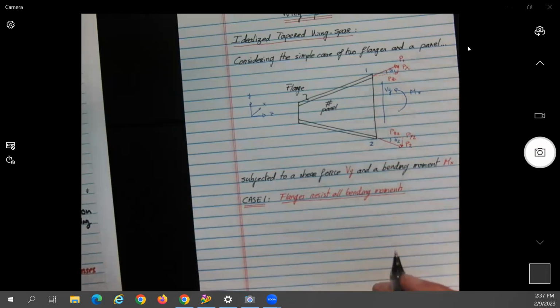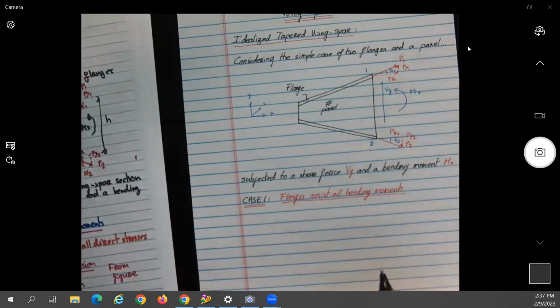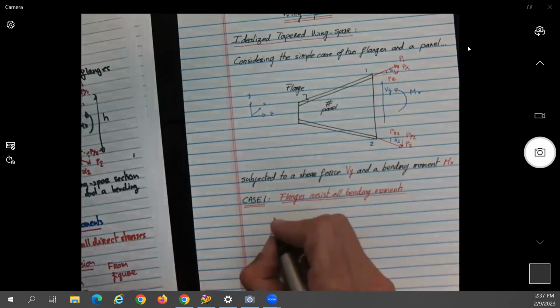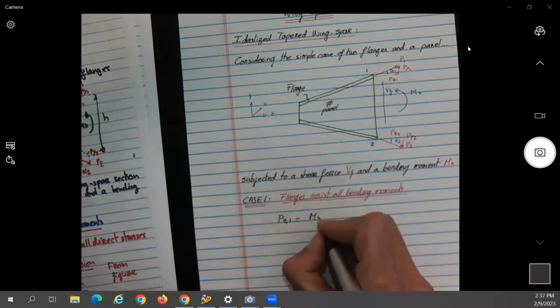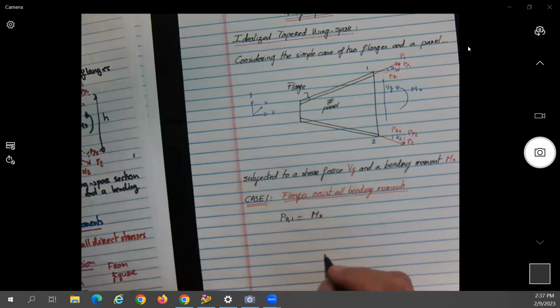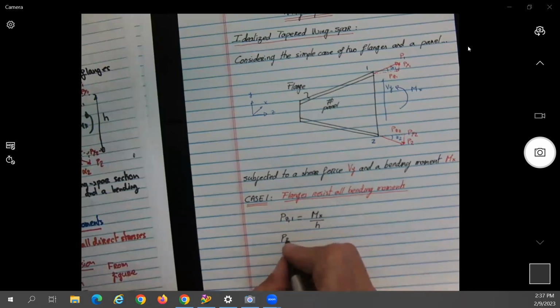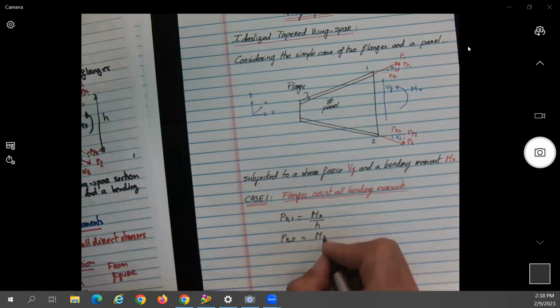So in that case, we can say that PZ1 will be equal to the moment Mx at that location divided by h, and that PZ2 will be equal to the same thing, Mx divided by h.